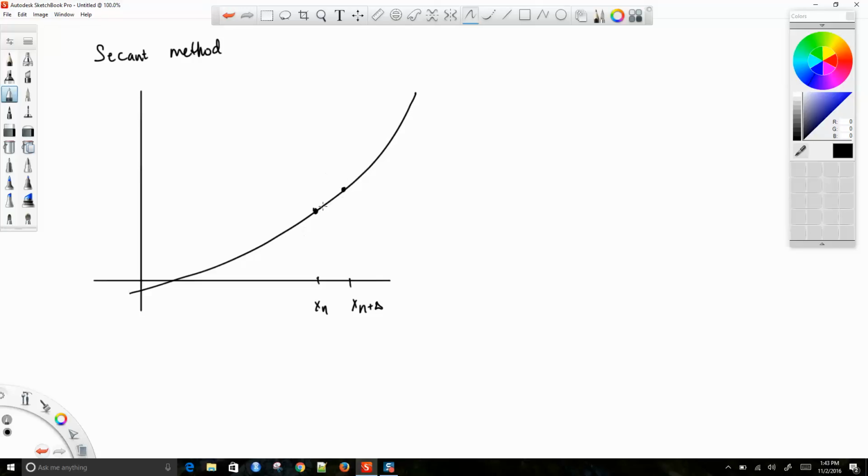And then you join these points. So rather than the derivative, you're taking the line that connects these points. This is called the secant line, right? So it's very similar, but this is the secant line, rather than the tangent line.